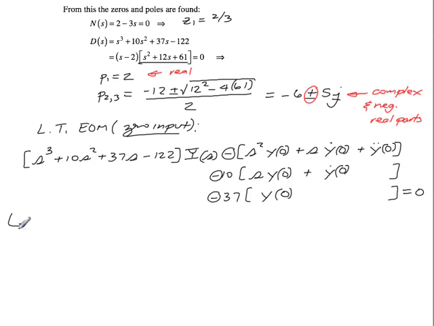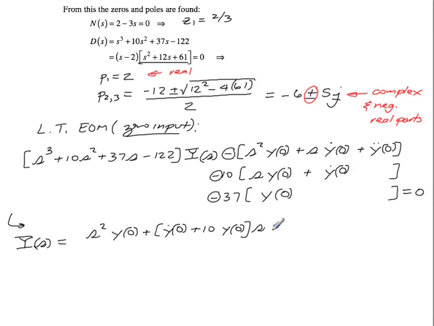So therefore, the transformed form of our free response is going to be, if I write this out in factors of s, I'll have an s squared times the initial value for y. I'm going to have a y dot initial condition. I'm going to have 10 times the initial condition on y, all times s.